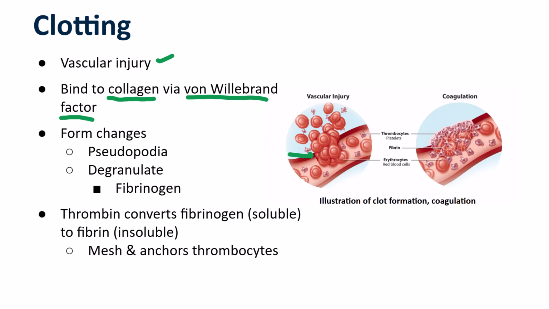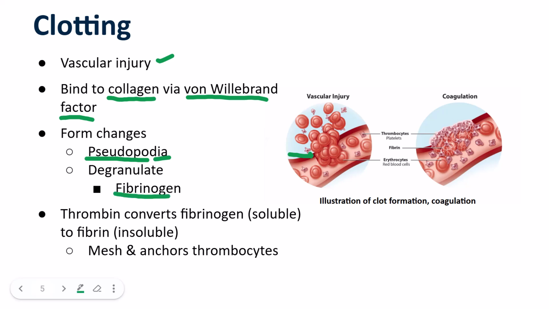Now, as they begin to bind to collagen via von Willebrand factor, their form begins to change. They become a little more sort of dehydrated-like. They develop things called pseudopodia, or false limbs, and they begin to degranulate fibrinogen.